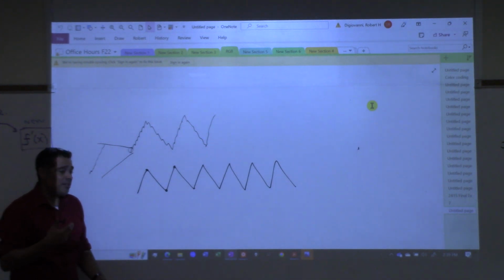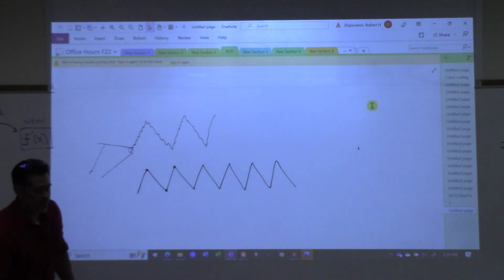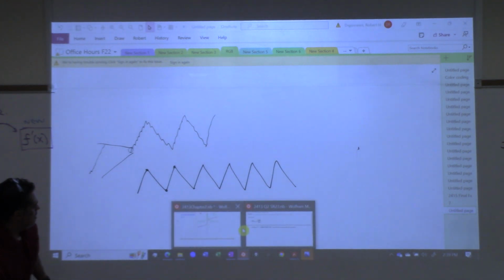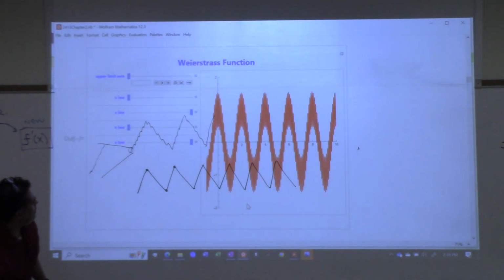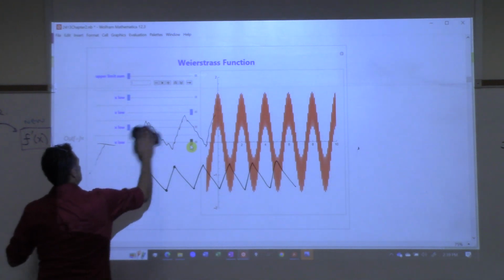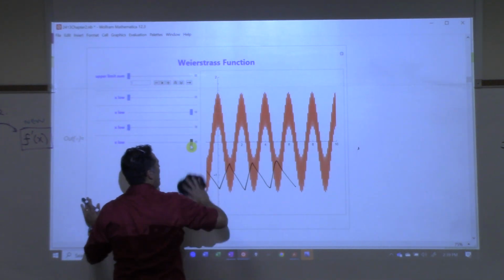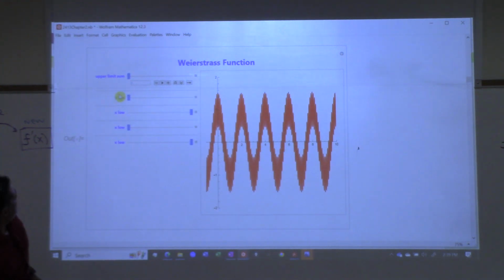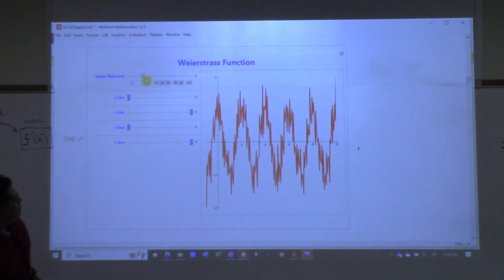Okay, so Weierstrass actually came up with a function that does this. Okay, and I'm going to show you the function right now. This is what it looks like. A computer has a hard time graphing it because of all the crazy stuff going on in it, all right? Let me see what I can do here.